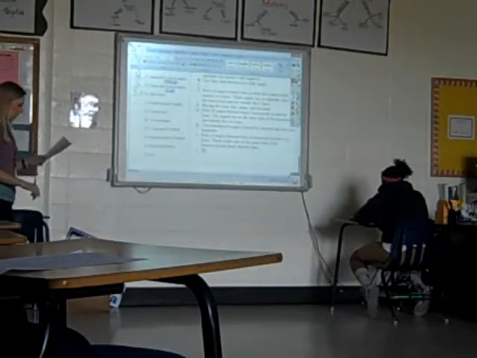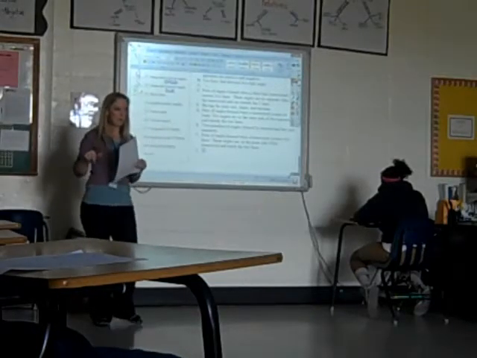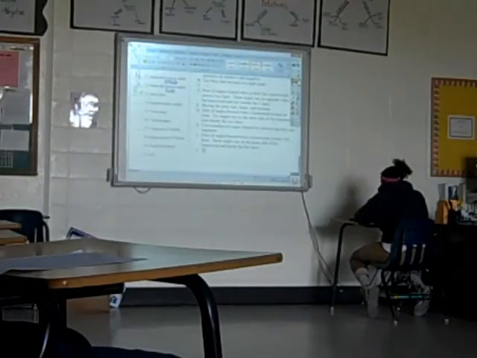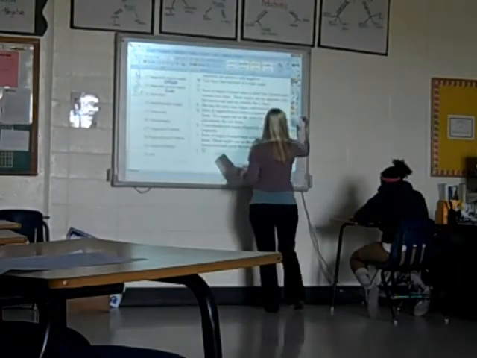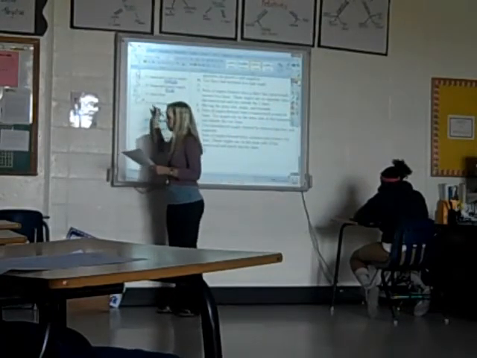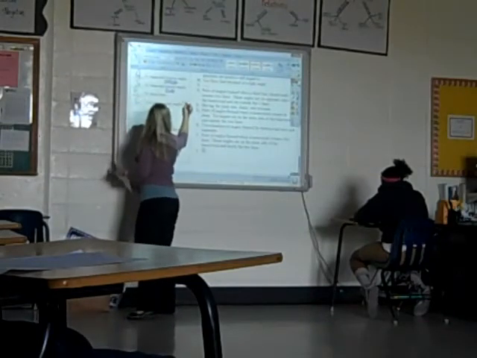Lie in the same plane. So skew lines do not lie in the same plane. They can't be parallel, can't be perpendicular. Good. Supplementary angles. C. Two angles whose sum is 180 degrees. Do we agree? Yes. Good. C is correct. Write this little hint out for yourself.